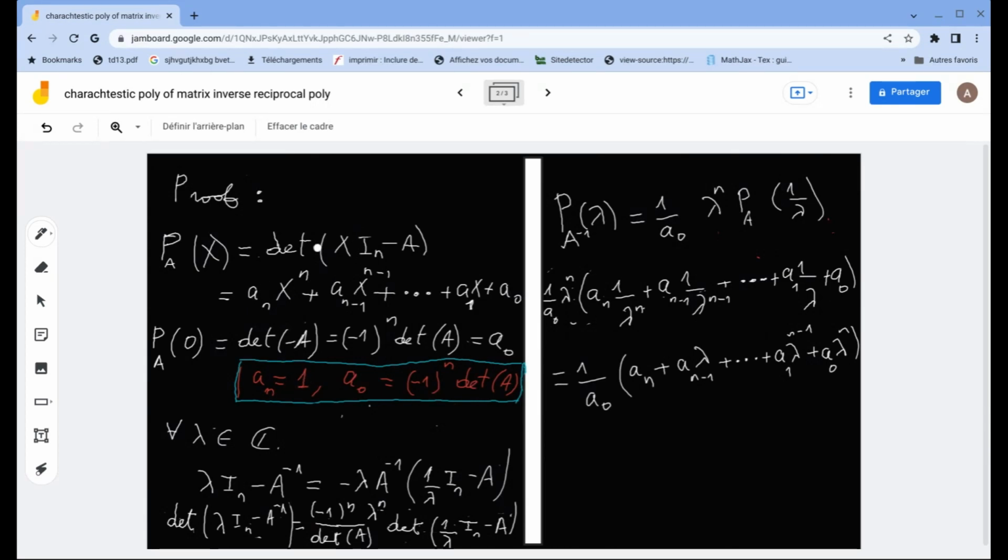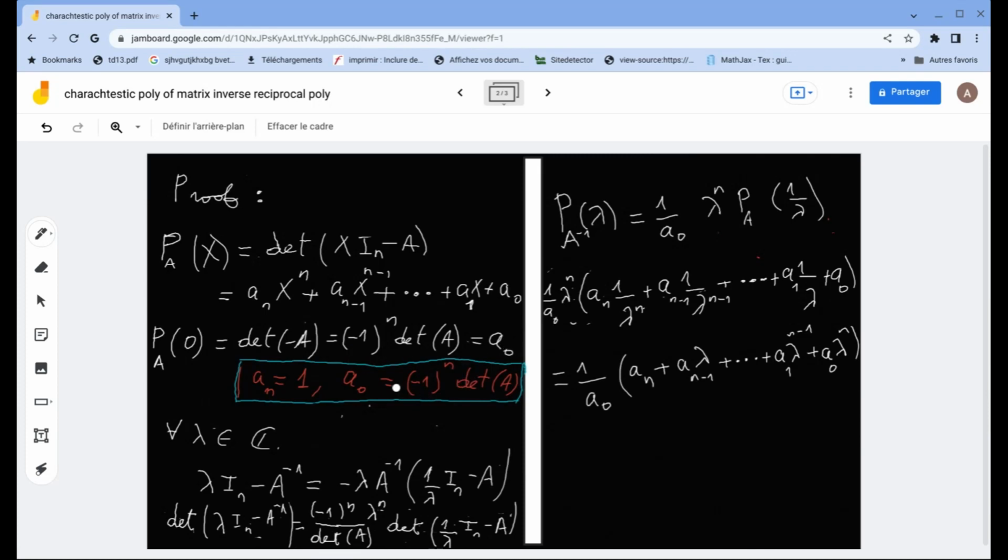And when I evaluate the polynomial at 0, x equal 0 here, so I get the determinant of minus A. It is of size n, so the determinant of minus A is minus 1 power n times the determinant of A. And if I put x equals 0 here, all this goes to 0, it remains a0.